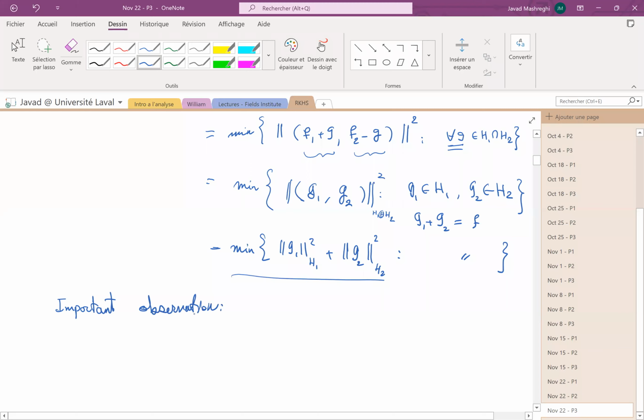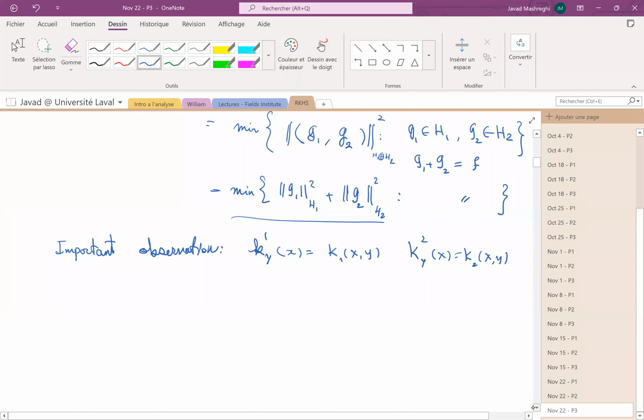And here is the observation. Consider, as before, we write k_y^1 for the kernel in the first space, and the same for k_y^2, the kernel in the second space. So here is the claim.